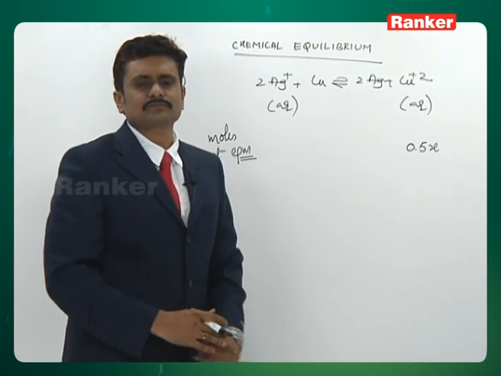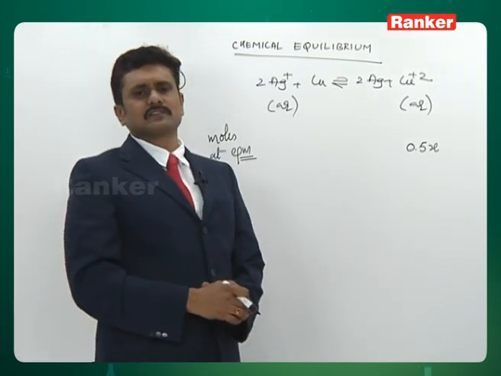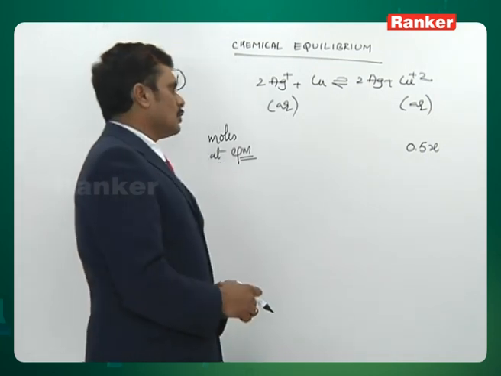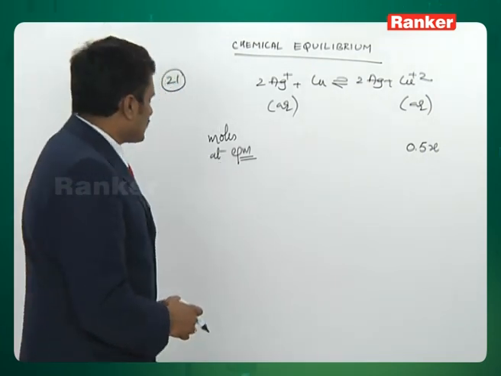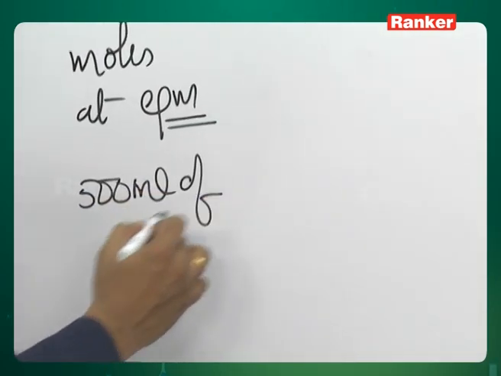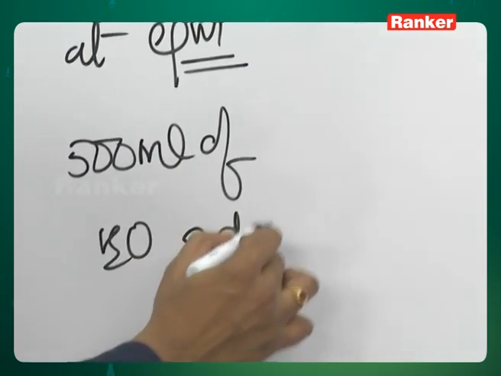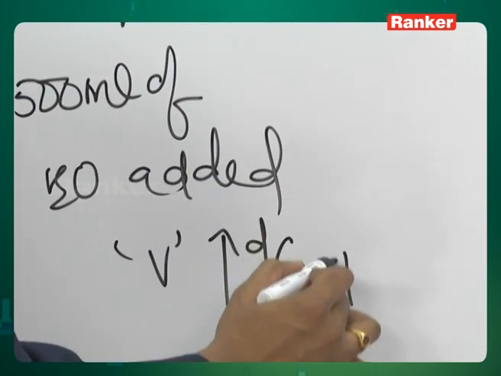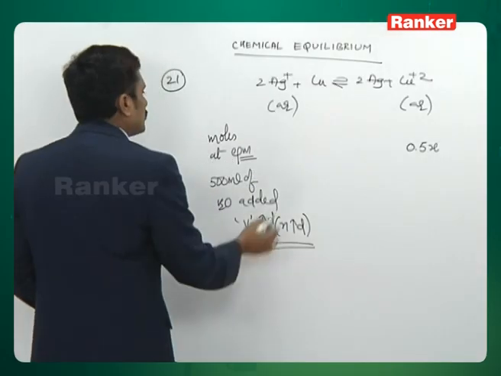Now it is given, at equilibrium what will be the concentration of Cu2+ when I have added 500 more ml of water. Now when I am adding water here, that means when volume is increased, as we know that equilibrium shifts to that side where the moles are more.